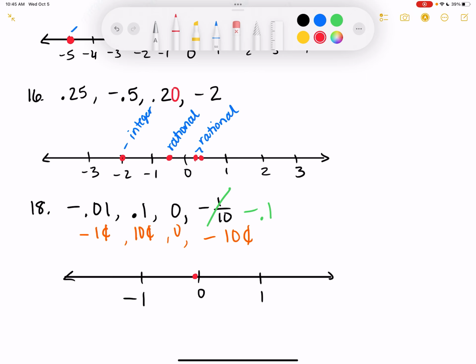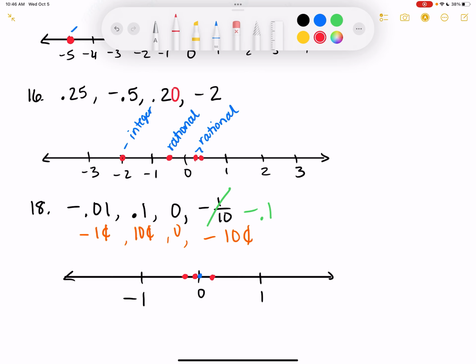Then 0.1 is going to be on the other side, a little bit farther down, so somewhere in here. Then I have 0. I'm going to do that one in a different color so they don't run together. And then I have minus 0.1, which is just going to be the opposite of this one, so it's going to be over here.